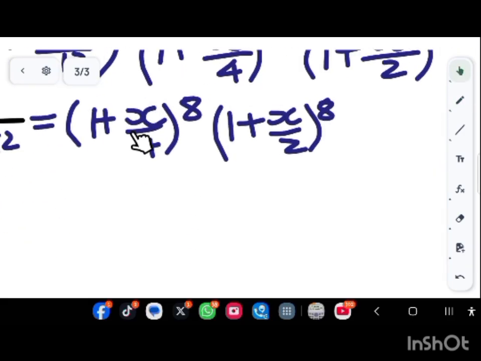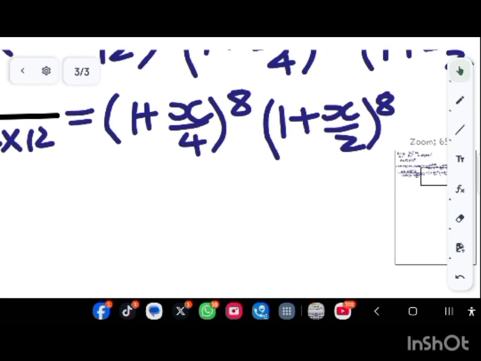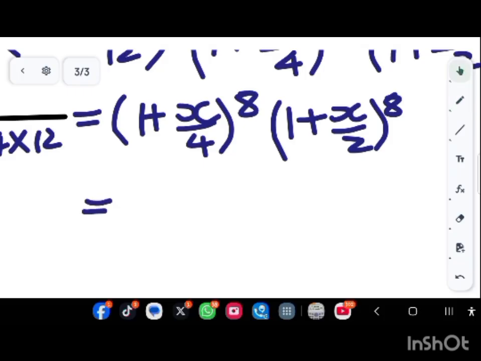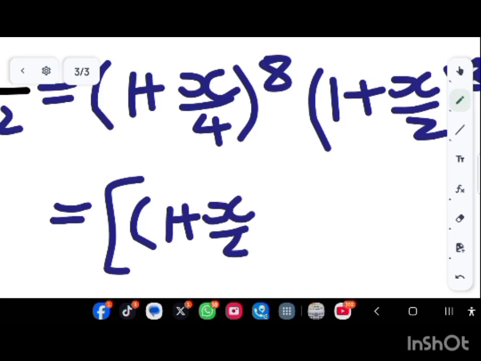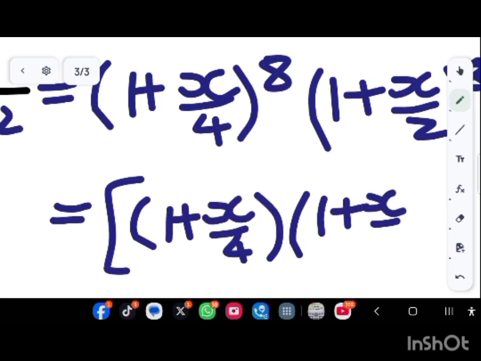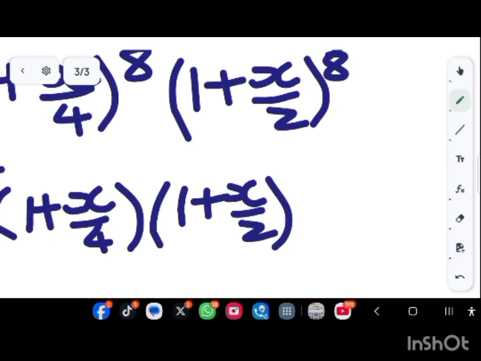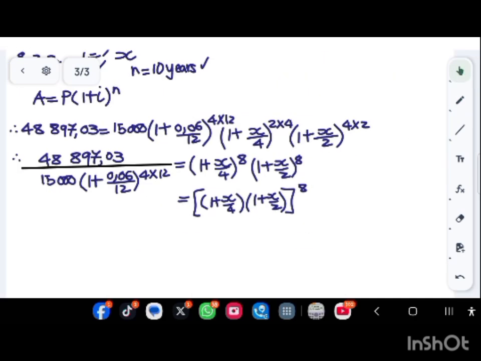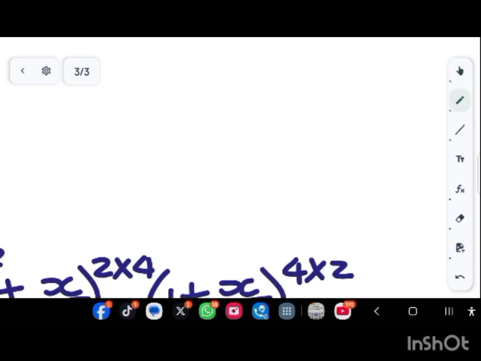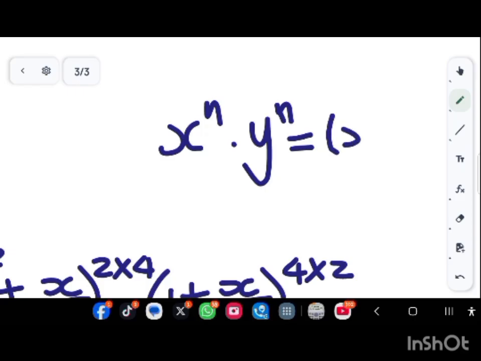So you have powers of different bases but with the same exponent, and that gives us what? Easy peasy. Using the rules of exponents, x to the power of n times y to the power of n can be written as x times y, all raised to the same power of n.